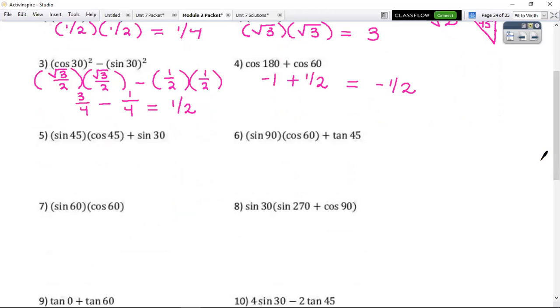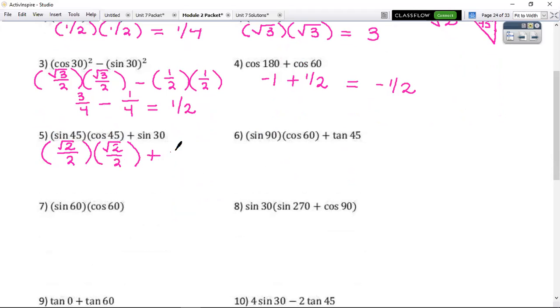All right, so down to the next. 45 degrees. These are where your radicals are going to come in. So sine of 45 degrees is radical 2 over 2. How about cos of 45? What's cos of 45? Yep, which is radical 2 over 2 rationalized.